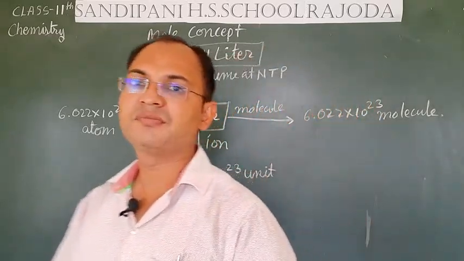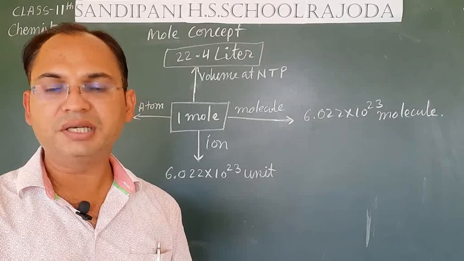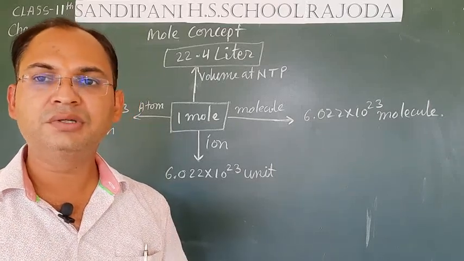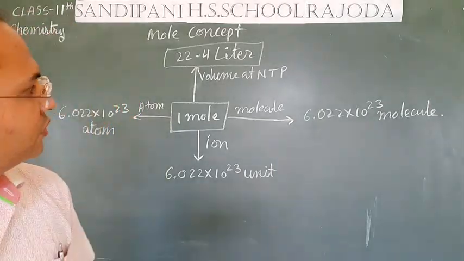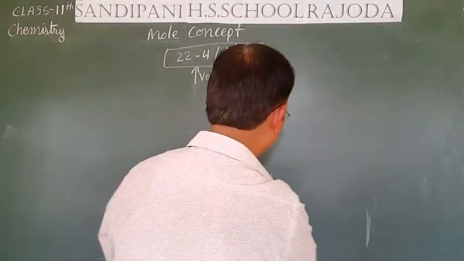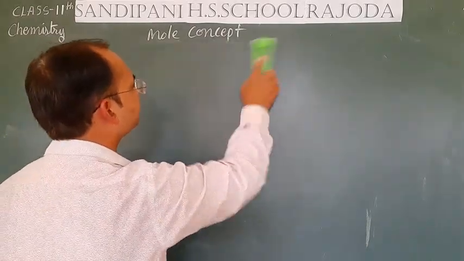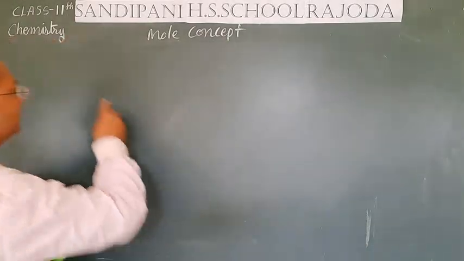Now students, how will we calculate the number of moles in any question if asked for different quantities? So let's see the formula for calculation of the number of moles in any question. The number of moles we represent by small n.